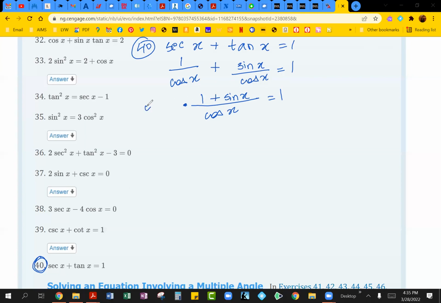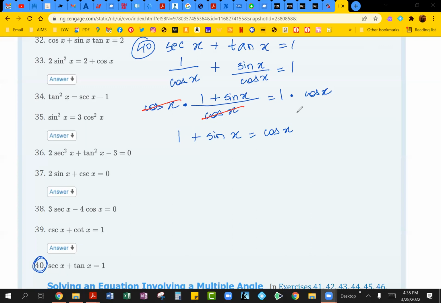So we're going to multiply both sides of our equation by cosine of x. What this will do is help us get rid of that fraction. And you are just left with 1 plus sine of x. And of course, 1 times cosine of x will give us cosine of x.